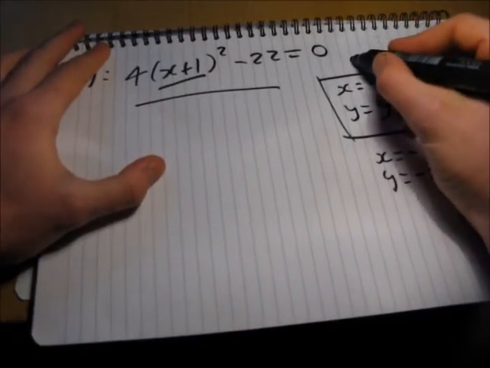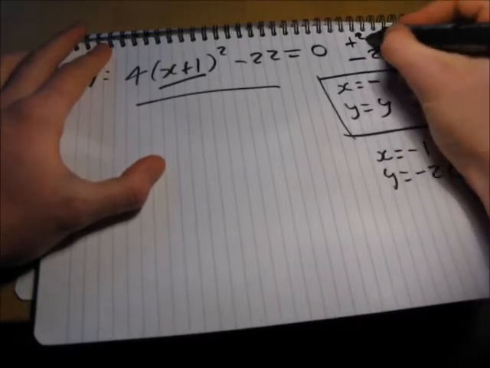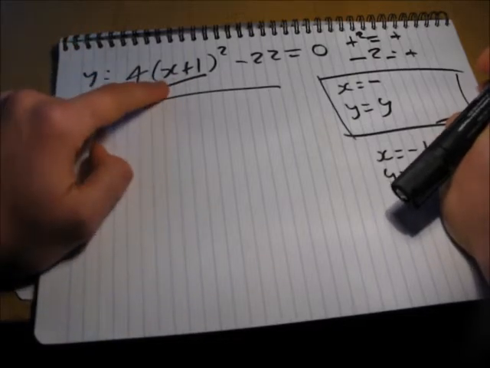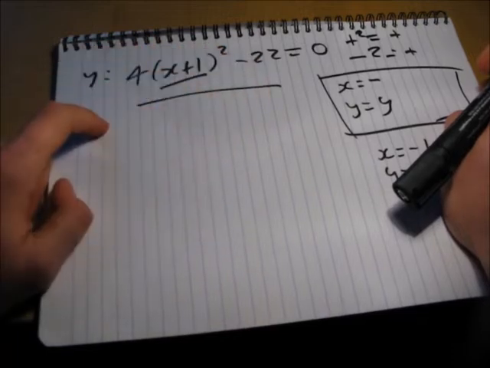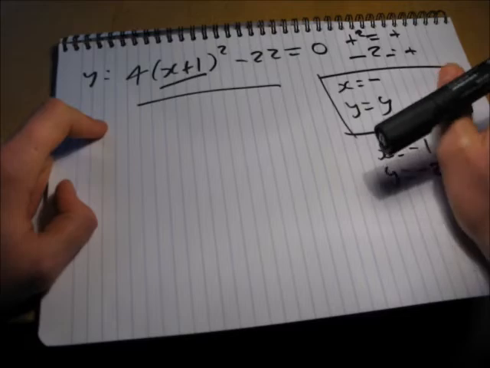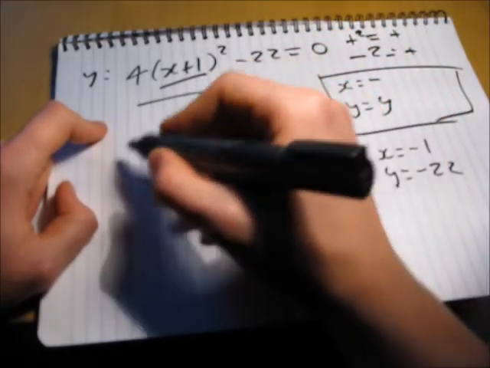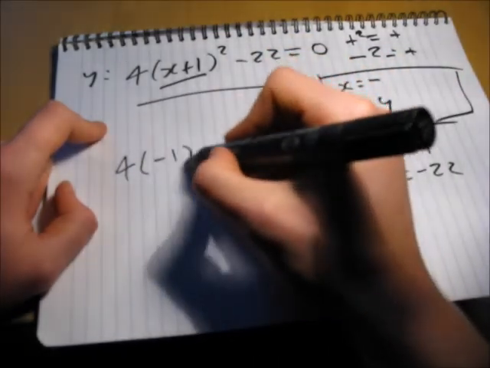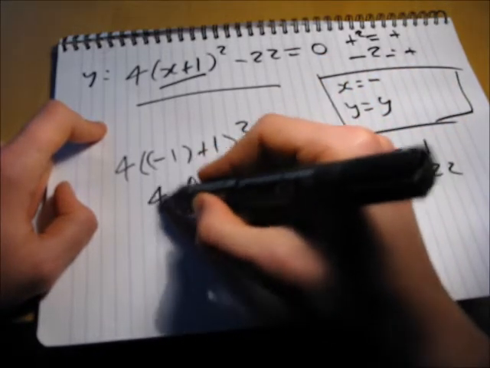So any number minus squared equals plus, plus squared equals plus, so it's always going to be positive. So whatever value you put in here for x, this is going to be a positive number. So when you minus 22, it's going to be large basically. Whereas if you make this bracket equal to 0, so we have x minus 1, as we see from here, instead of x plus 1 squared, you're going to see that that's 0 squared times 4.